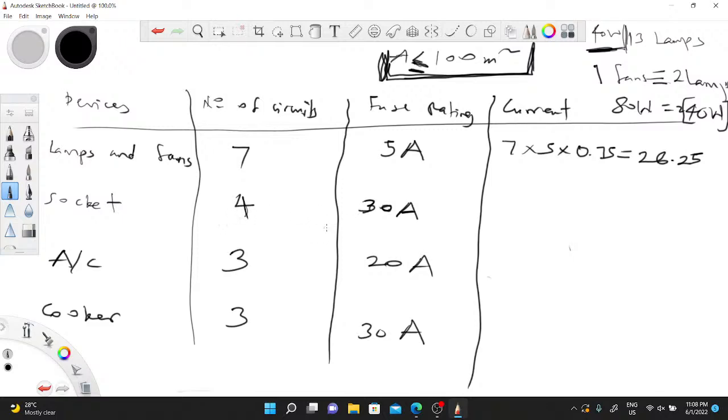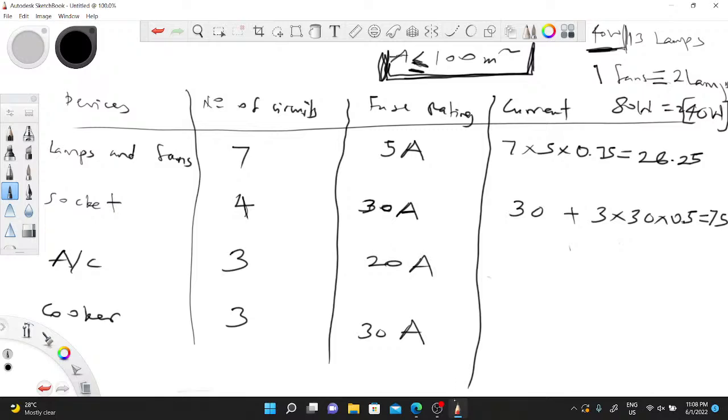We have 4 30 amps, right? So one of them will be used on full load, 30 amps will be on full load. Then the remaining three will be operated at 50%. You get it? So this is how this will give you 75. So full load of the initial, then 50% of the remainder.